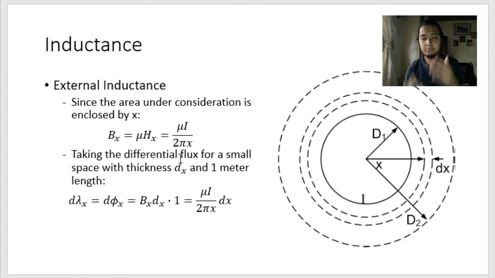So everything that we'll be solving here is in per meter. Naka per meter unit siya. So your differential magnetic flux linkage, which is equal to your differential flux, is just B times differential thickness times 1. This is thickness times 1. As you can see, para tayong kumukuha ng area. And that is mu I over 2 pi x times dx.